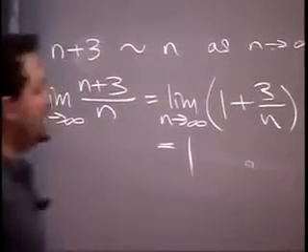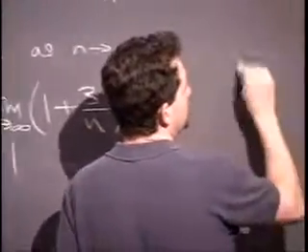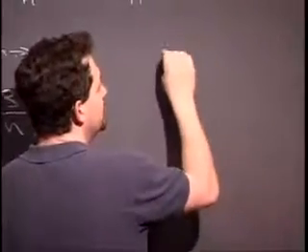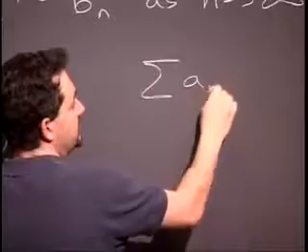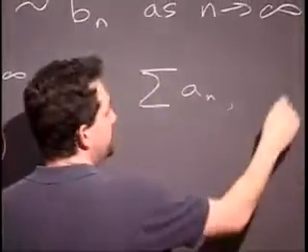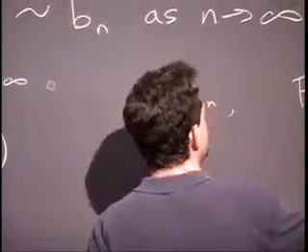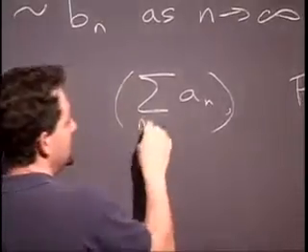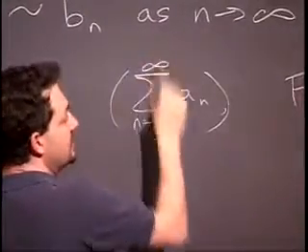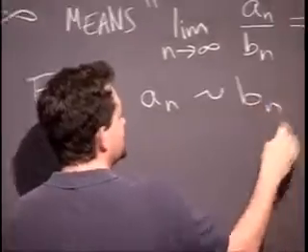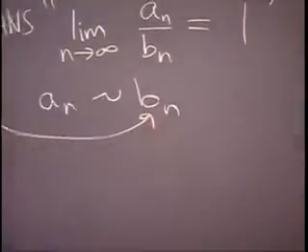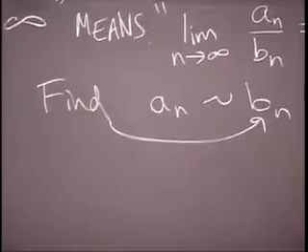Now, given that, here's the theorem. Here's the limit comparison test. If you want to understand this series, the series we're working with, n equals something to infinity, find an twiddles bn, where bn is simpler.